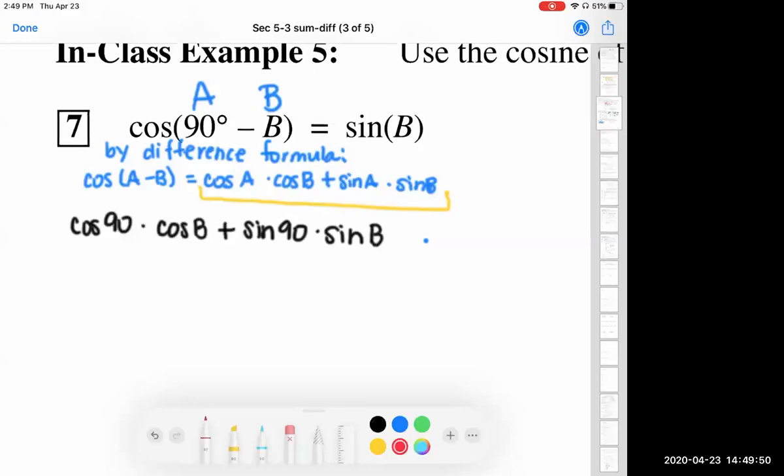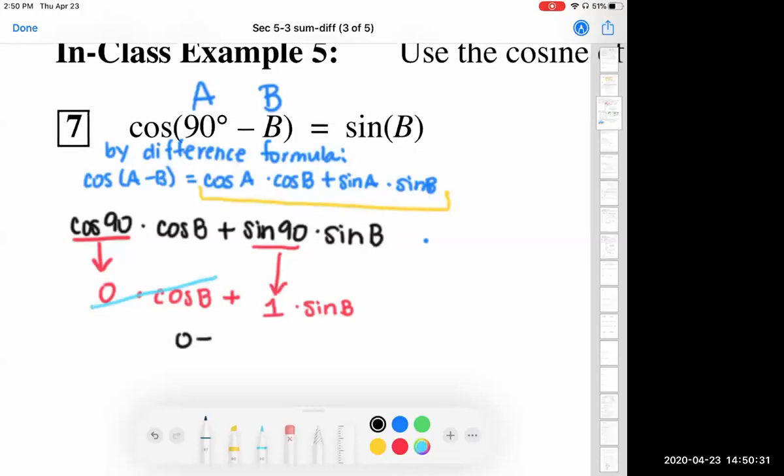Okay, let's evaluate these. We can take a look at a unit circle. What's cosine at 90? 0. So we're left with 0 times cosine of B. And we have plus. What's sine at 90? 1. 1 times sine of B. Okay, what is anything times 0? 0, right?